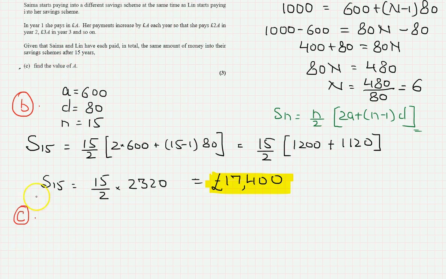Now Saima started paying first year A, second year 2A, third year 3A, then 4A, and she pays for 15 years.